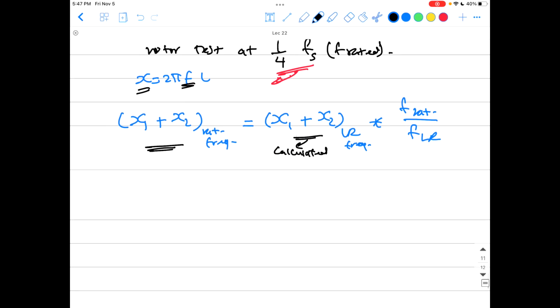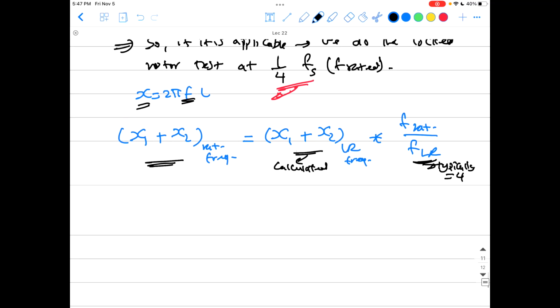Okay, so this ratio typically equals 4, because like we said, F locked rotor most of the time we make it at 1/4 of the F rated. Okay guys, again, if you don't do any change in the frequency like we did in the lab, then this ratio will equal 1.